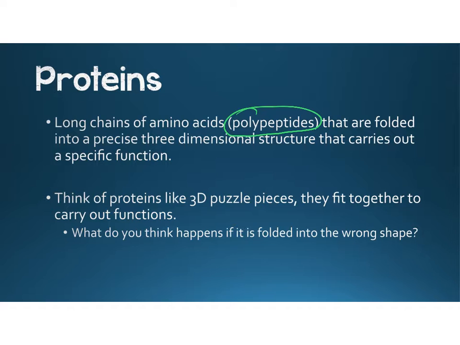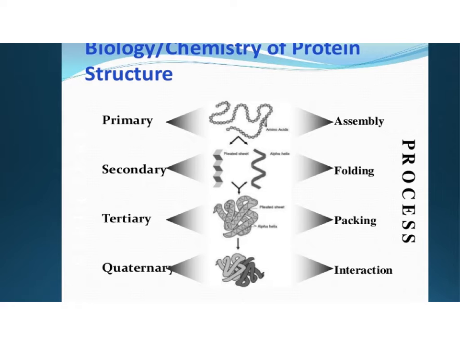So this structure of proteins is very important. We're going to look at that even more when we look at protein synthesis later in the year, but your DNA codes for this long chain of amino acids called a polypeptide, and then that polypeptide is going to fold into the protein that's going to carry out a job in your body.